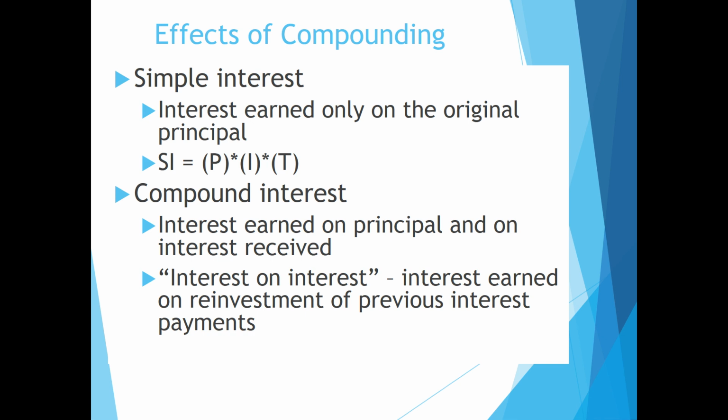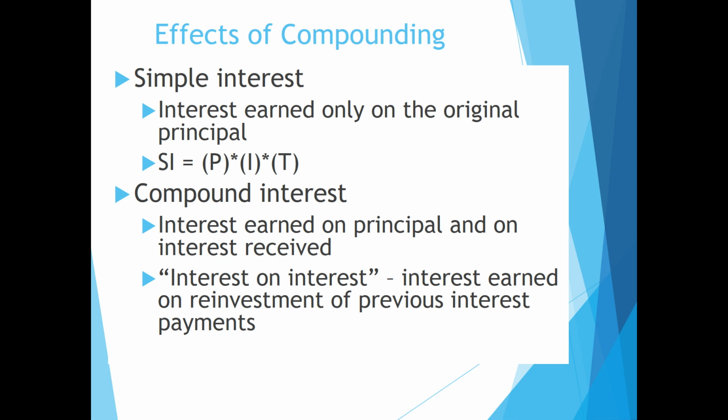With compound interest, you are actually earning interest on the principal and on any interest you have already received. So you're earning interest on interest. This is a wonderful thing if you're investing or saving because you can let your money work for you. You hold it and you will continue to earn interest and earn more interest on the interest you've already earned. However, there's a downside.